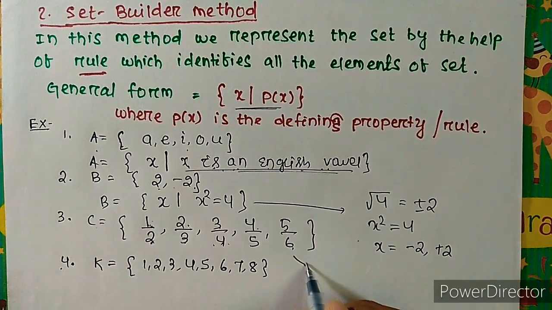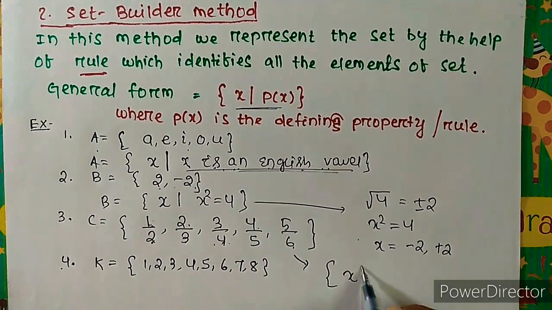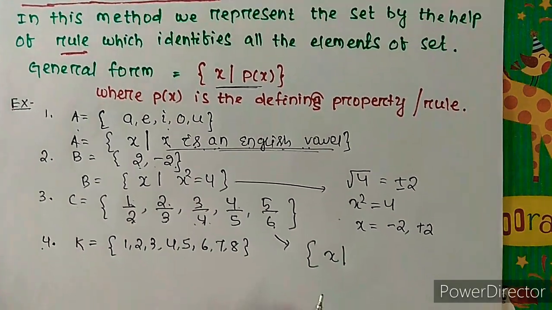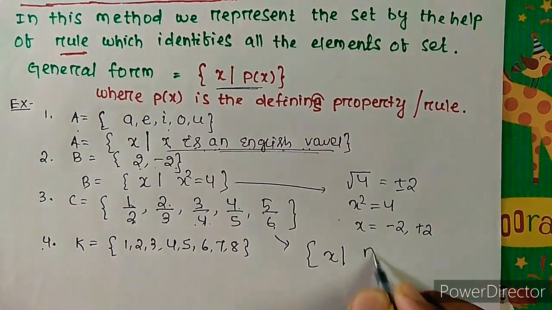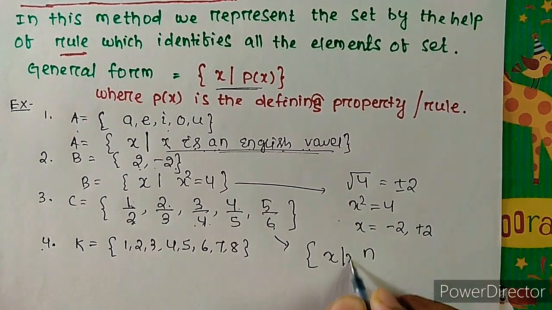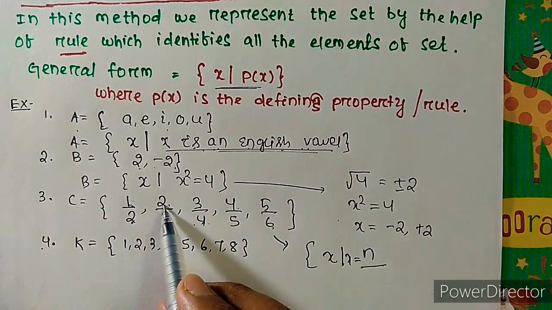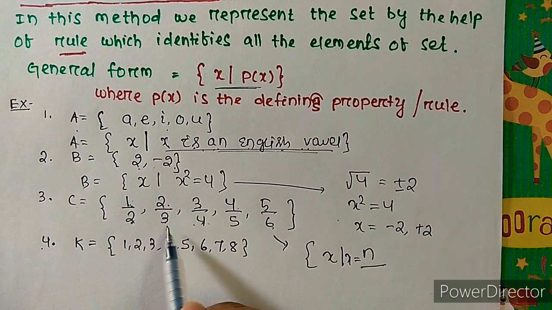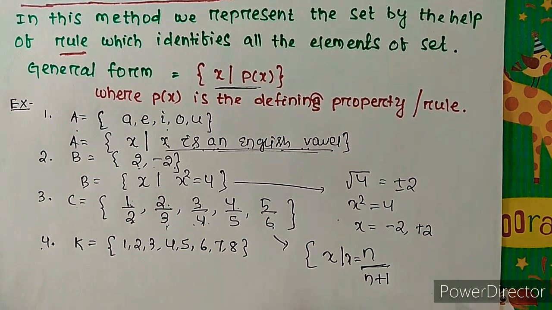So now for this we can write the general formula like this: X such that X is equal to n by n plus 1.